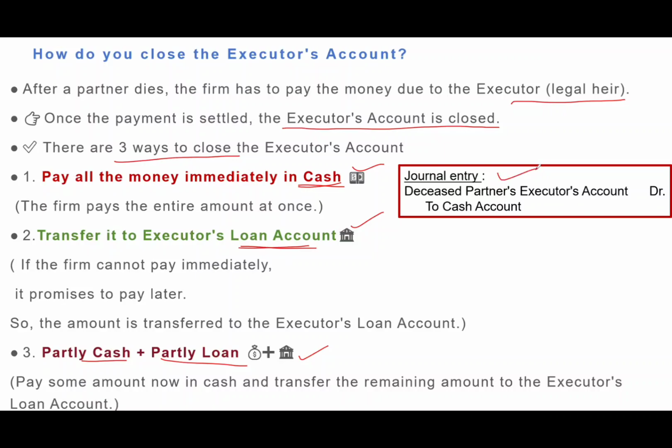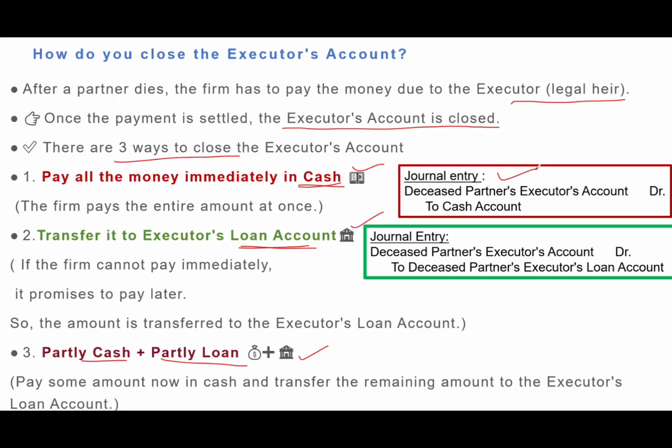And if it is not paid immediately but transferred to the loan account, it will be the deceased partner's executor's account debit to the executor's loan account. So this is how the journal entry will be passed to close the executor's account under different cases. So this is the format of the executor's account.